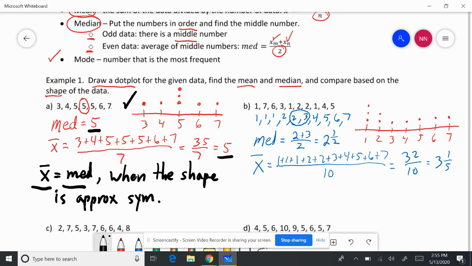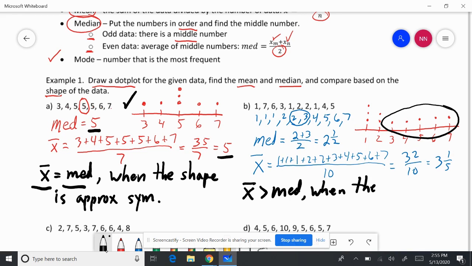If you remember from last time, whenever it's spread out on the right-hand side, that's called skewed right. So when our mean is greater than our median, the shape is skewed right.